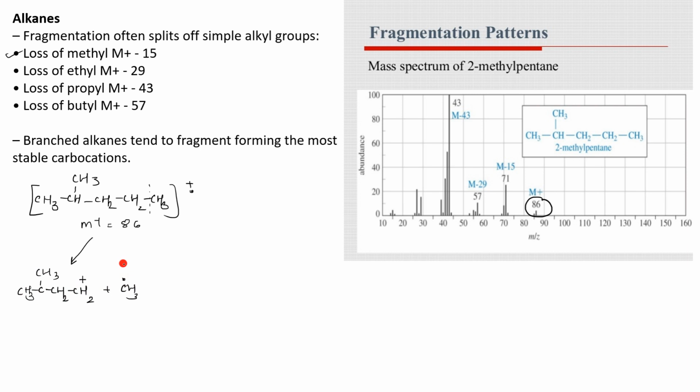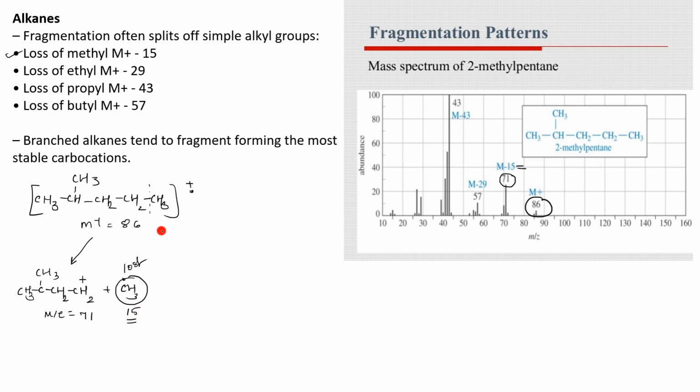Remember, radicals are not detected. This is lost in the machine, so we are not concerned with this. Now if you find the m/e value of this, it is 71. You can calculate it and see this is 71. And if you find the difference, 86 minus 71 is 15. So 15 indicates that CH3 is lost.